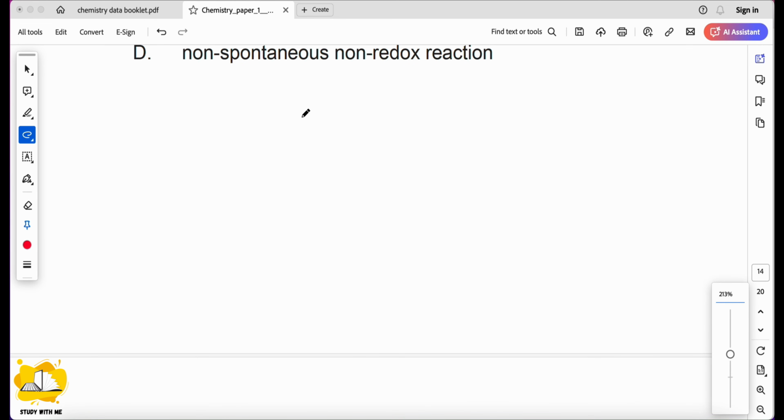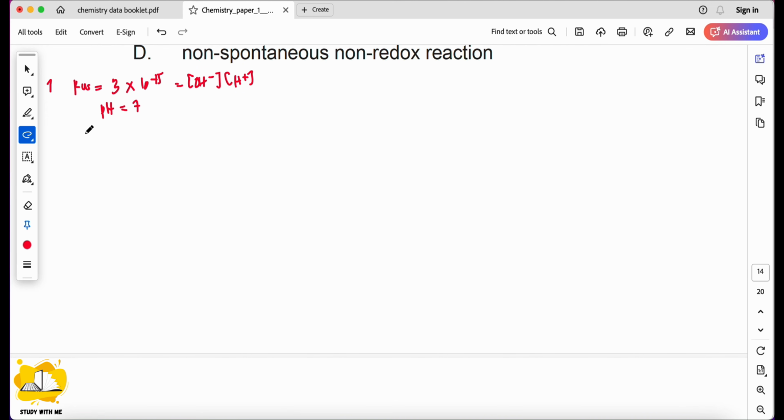So let's do the first scenario. The water constant is 3 times 10 to the power negative 15. This is OH minus times H plus. So the pH is 7.